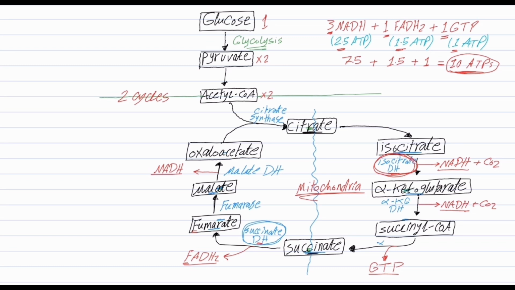Another question is, what are alpha-ketoglutarate dehydrogenase cofactors? Meaning it cannot function without them. The answer is vitamin B1, B2, B3, B5, and lipoic acid. Please remember that.